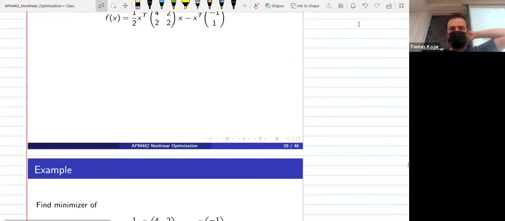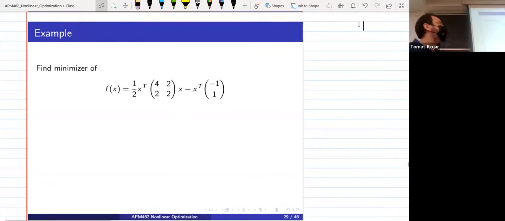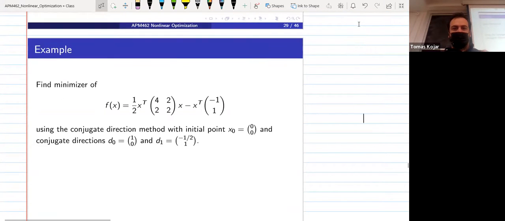All right. So the question is, minimize this quadratic and apply conjugate gradient. Step 1, find the eigenvectors. These two are the eigenvectors for this 2 by 2 matrix.